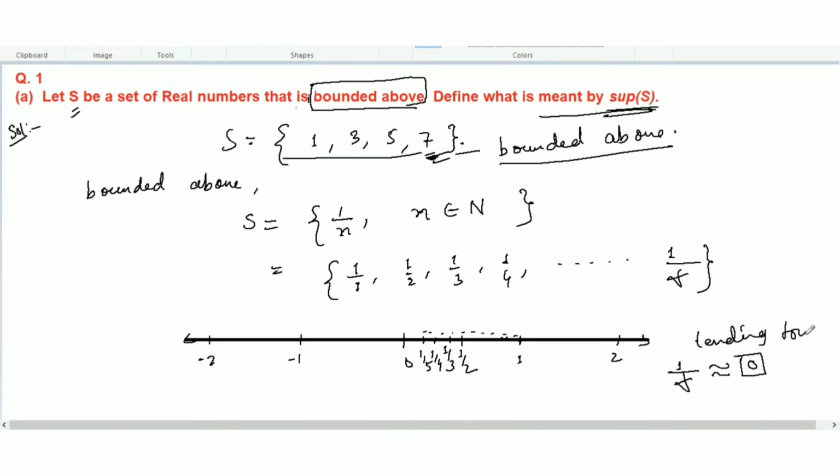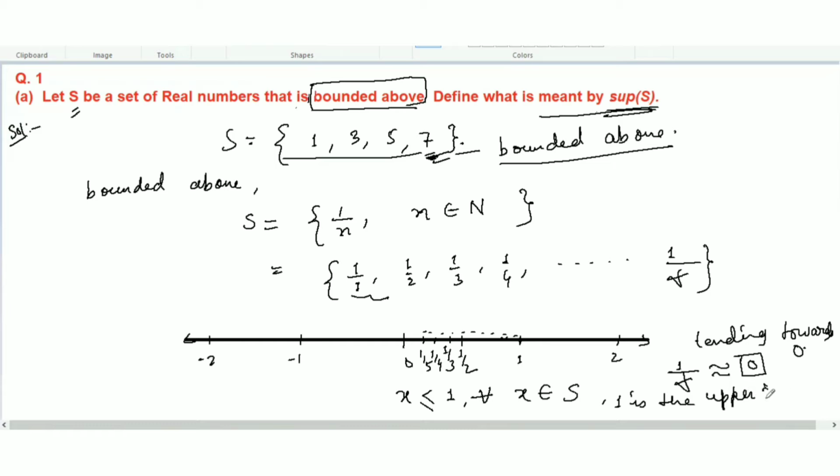Now, X is an element of S. All the elements X will be less than or equal to 1 for all X belonging to S. So all the elements of S will be less than or equal to 1. So you can say that 1 is an upper bound of this set.